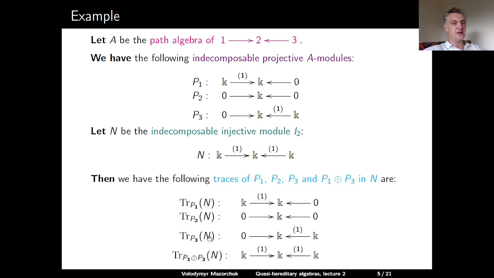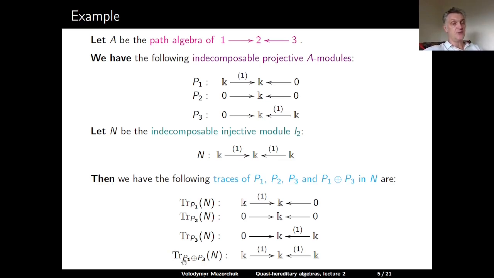The trace of P3 in n is computed similarly to the trace of P1. We start with the third vertex, it generates also the second vertex via this arrow, so actually P3 is the trace of P3 in n, and it's a submodule of n.